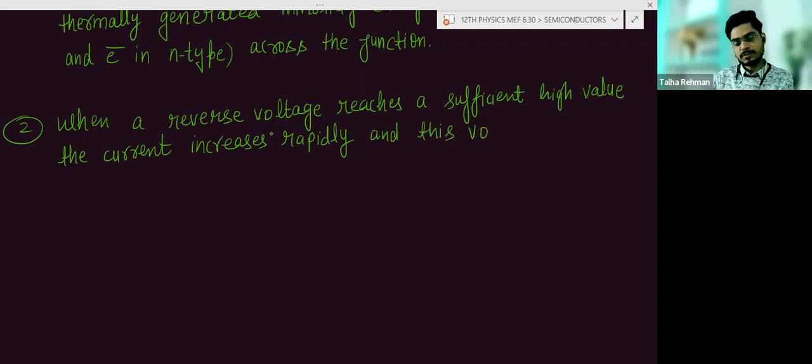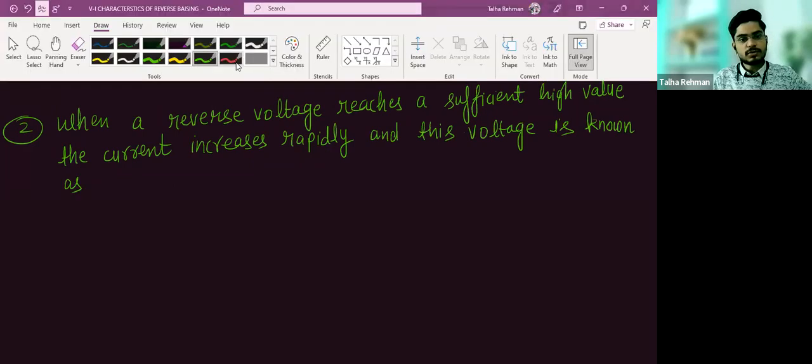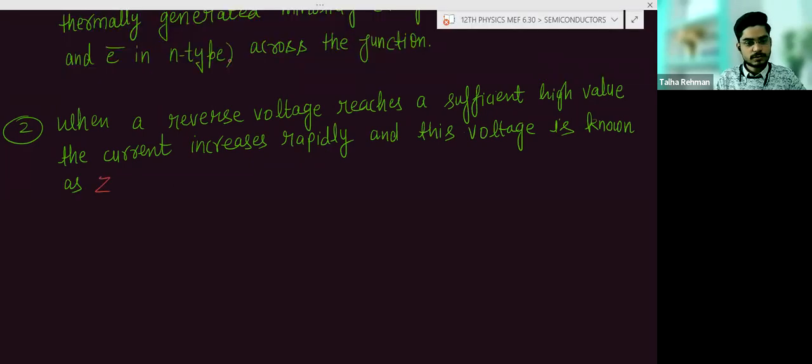This voltage is known as breakdown voltage, or this is also known as Zener breakdown voltage.